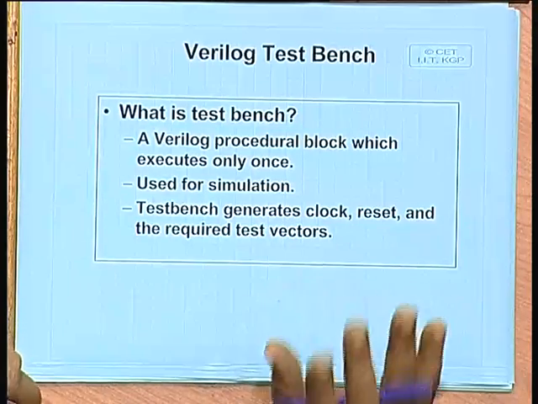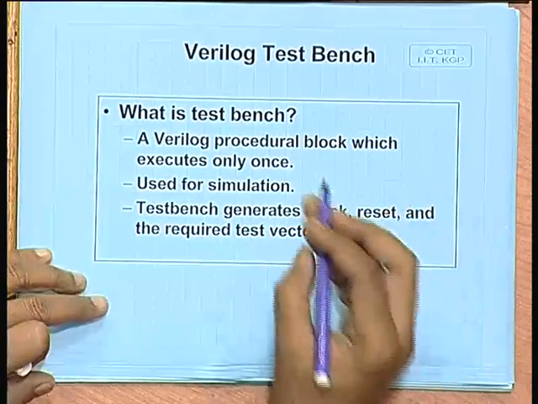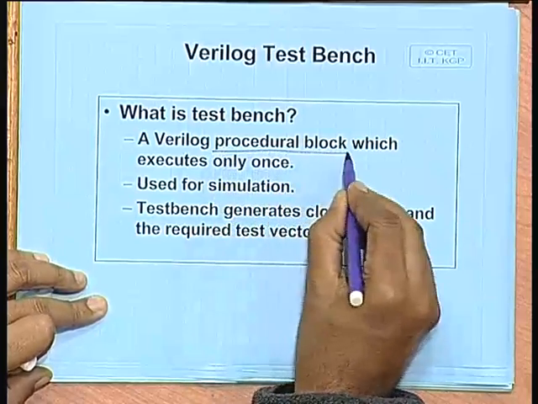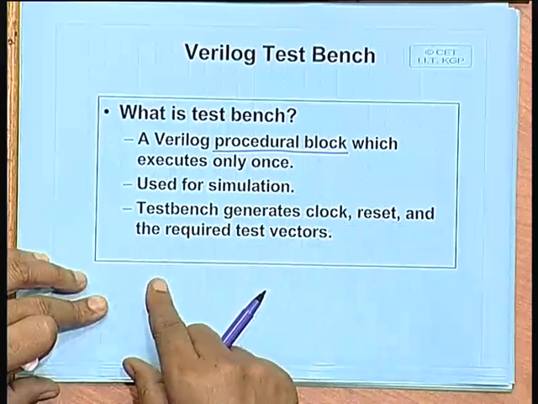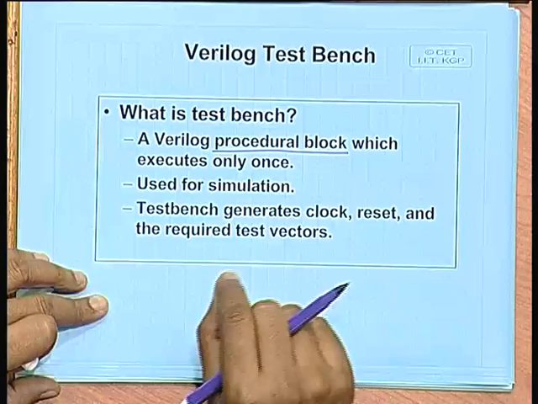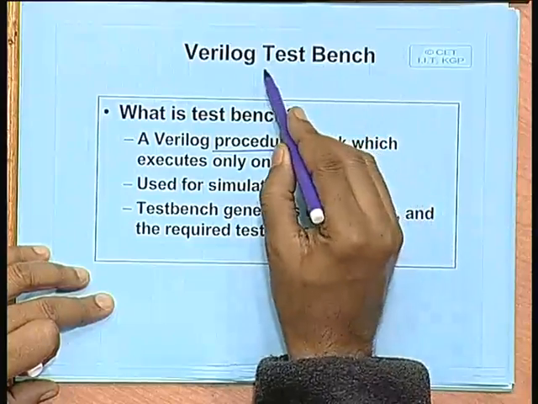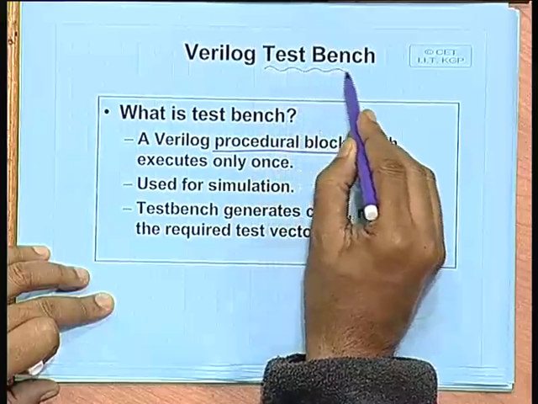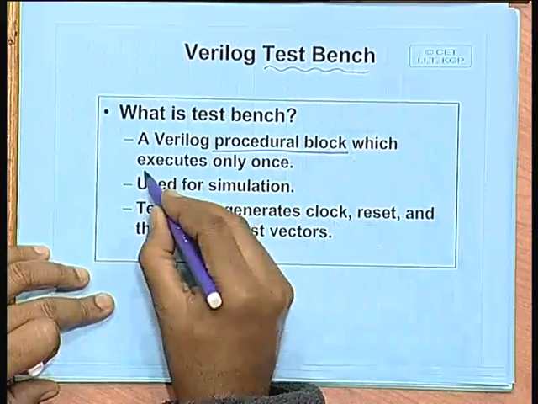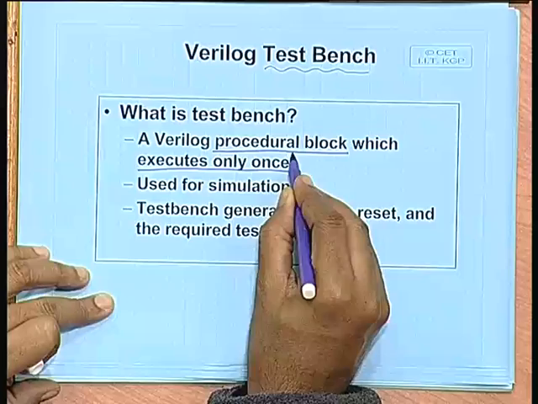Make this point, it is a Verilog program. It is a procedural block like the always statement, but the difference is that an always procedural block executes indefinitely, it executes in an infinite loop, but a procedural block that is used in a test bench is executed only once. This is the main difference.